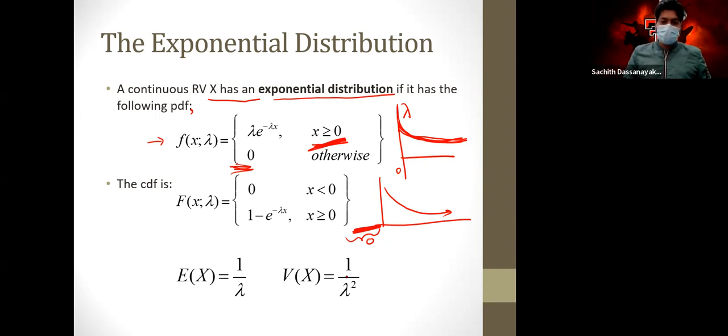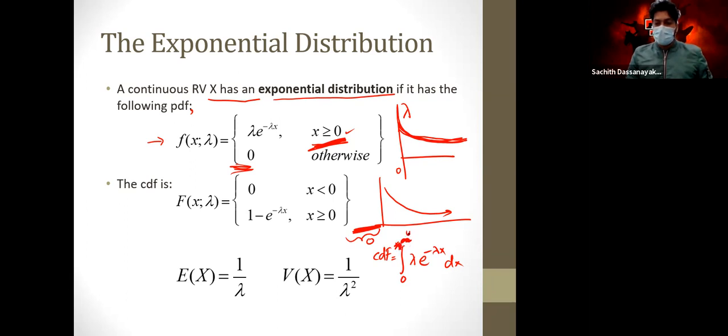Simply, you can find the CDF by integrating. From where to where? X is defined from 0 up to x. The PDF is lambda e to the power negative lambda y, dy.